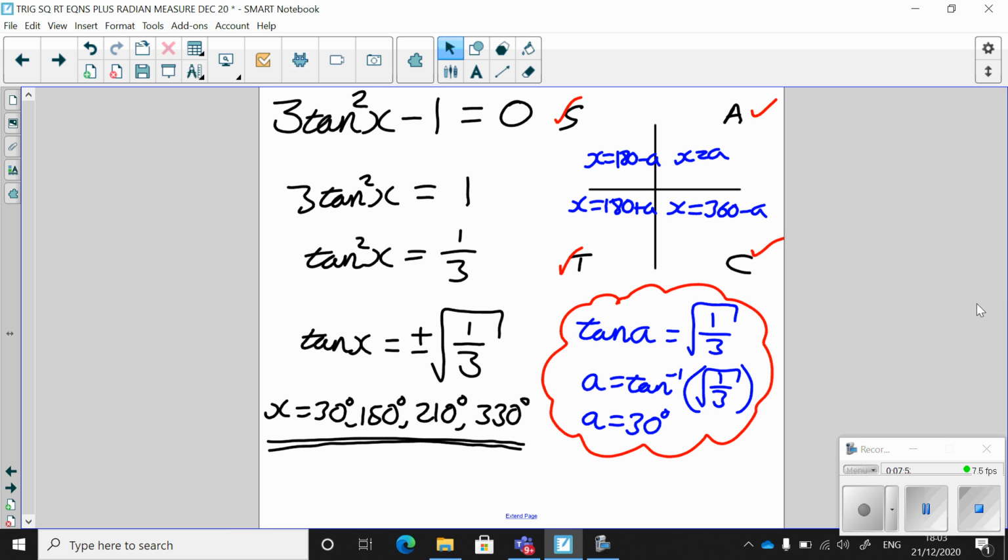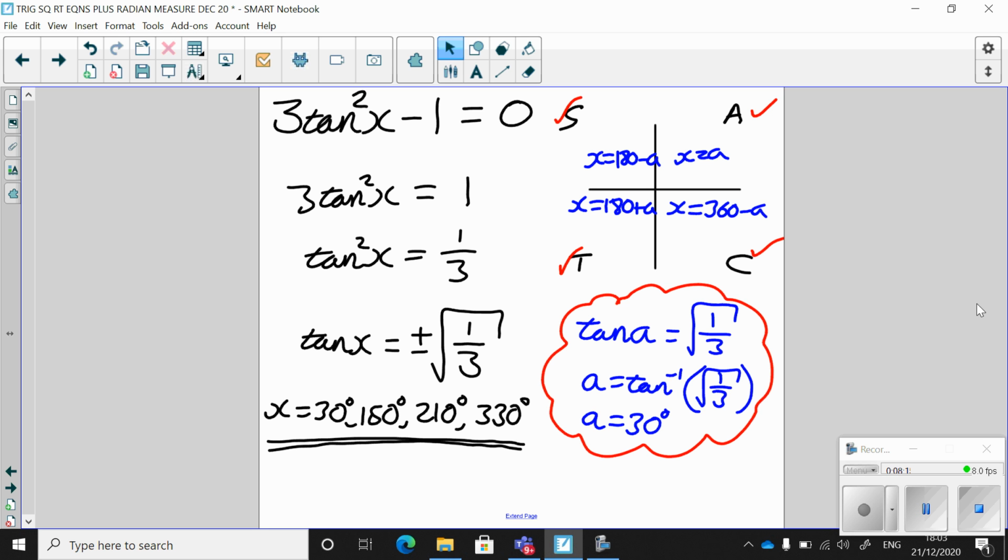So what we looked at there were really trig equations which were quadratics in disguise, but we didn't have a b value.